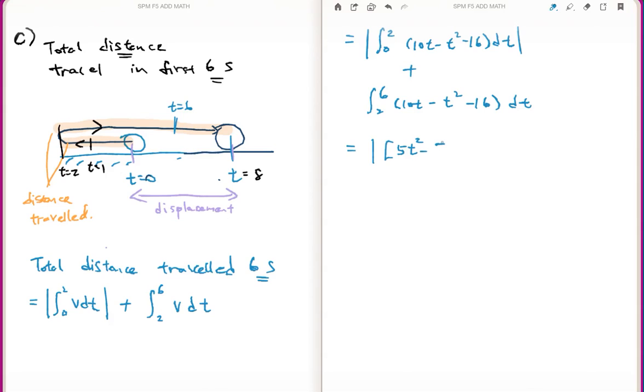But if you don't have a calculator, then you need to use the long way: 5t squared minus t cubed over 3 minus 16t, from 2 to 6.